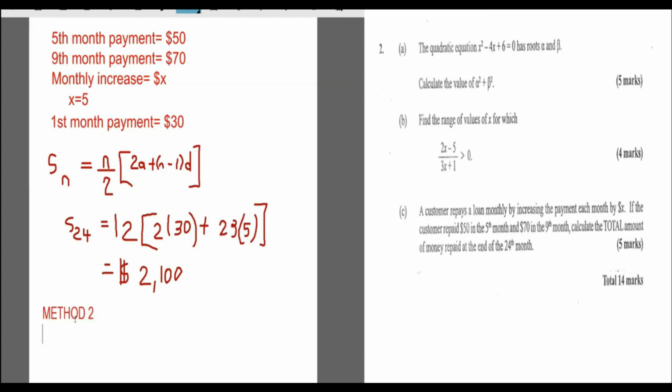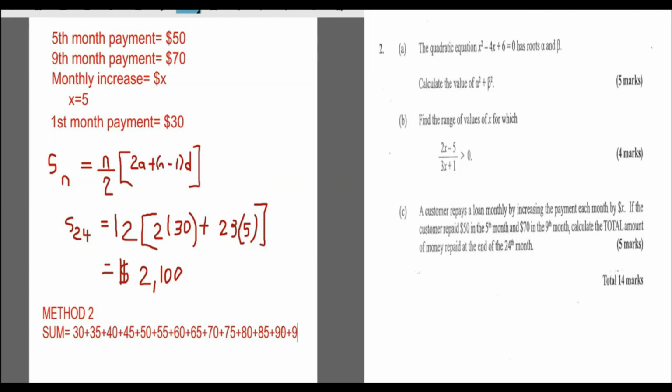Since it told us that it's increasing by $5, we could have said that the sum is equal to first month payment 30 plus second month payment 35 plus 40 plus 45 plus 50 plus 55 plus 60 plus 65 plus 70 plus 75 plus 80 plus 85 plus 90. Now, how many months would that be? 1, 2, 3, 4, 5, 6, 7, 8, 9, 10, 11, 12, 13.